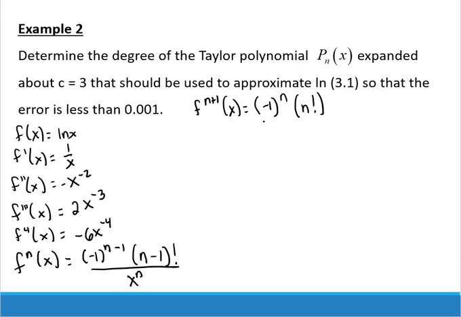So we're looking for the remainder centered about 3, approximating ln of 3.1. Okay, so my remainder, and I don't know what term this is going to be, I take the absolute value of the n plus 1 derivative evaluated at that z point, so at 3.1, all over n plus 1.